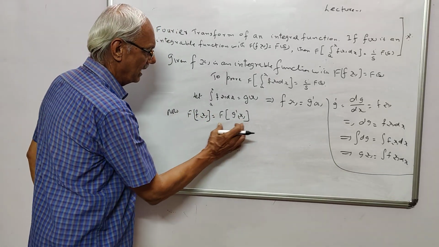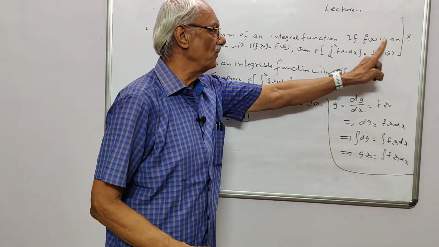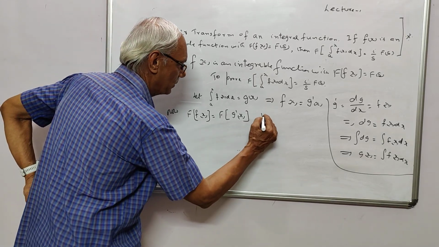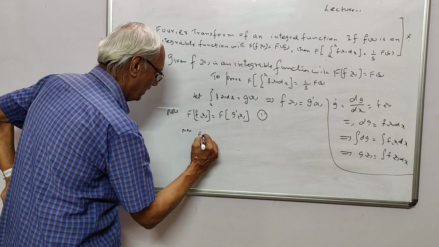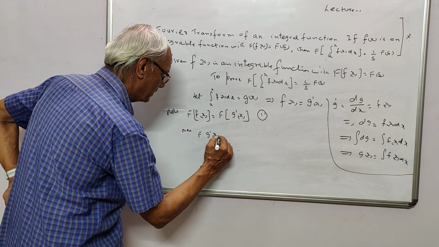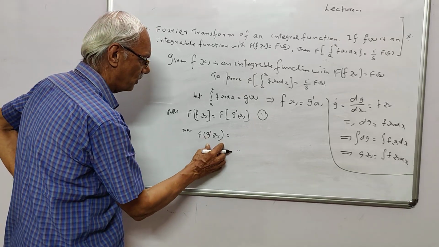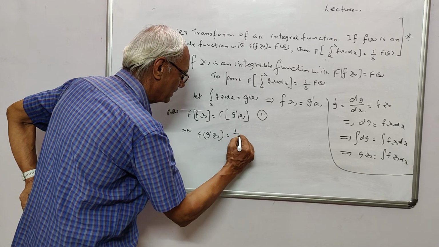Now we have to find this and prove that this is equal to 1 by is into F of s. Now, this is what you call your equation 1. Now, F of g dash of x, what can you write this as? Now, this is a Fourier transform of a derivative. So, how will you write this?